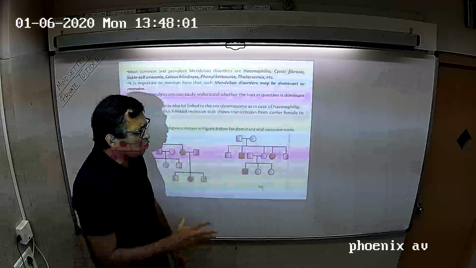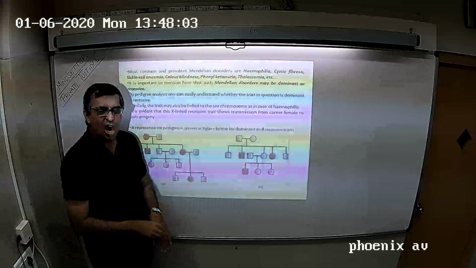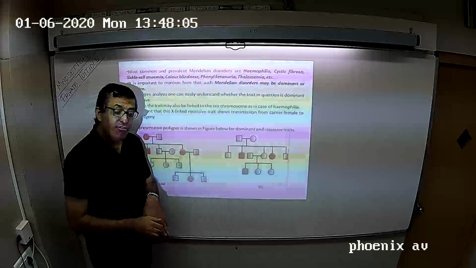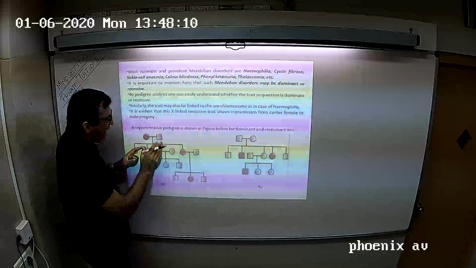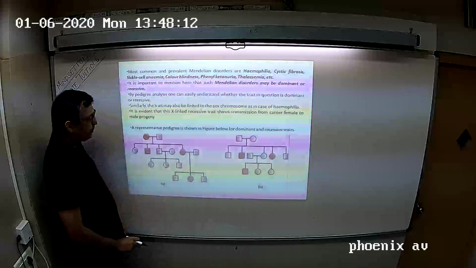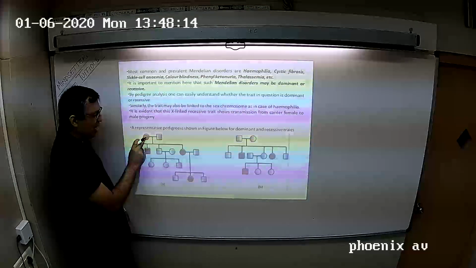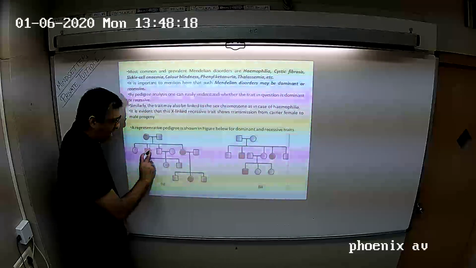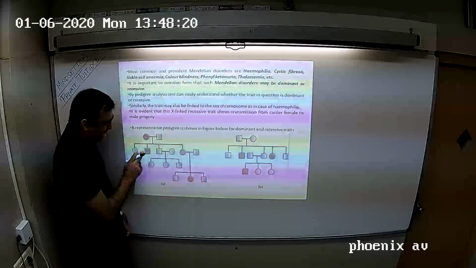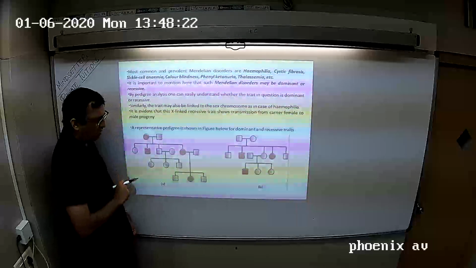So let us do some nice pedigree charts to understand which are these disorders. So sir, समझो we have this pedigree chart here. Female is affected, male is not affected, and we are having lots of offspring. Some are affected, some are not affected.